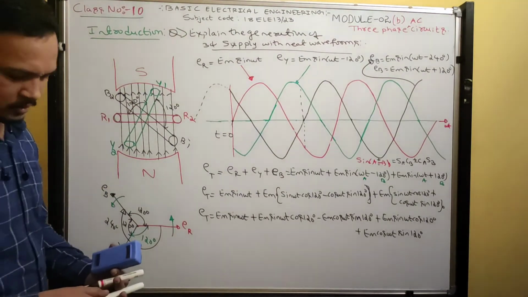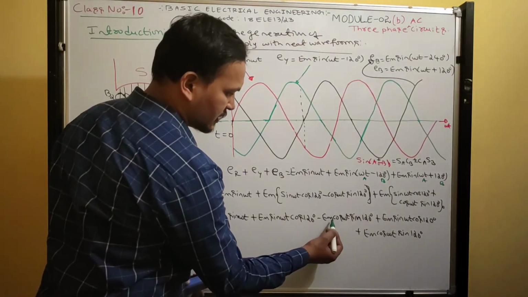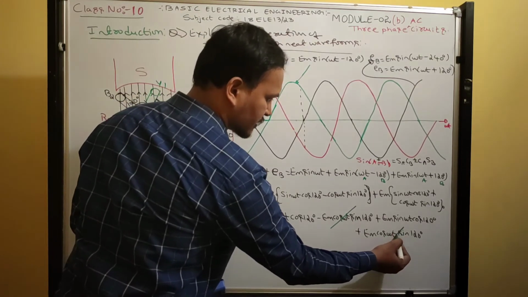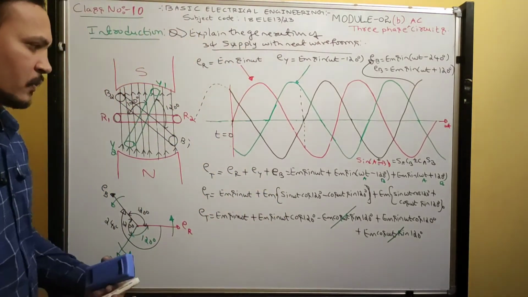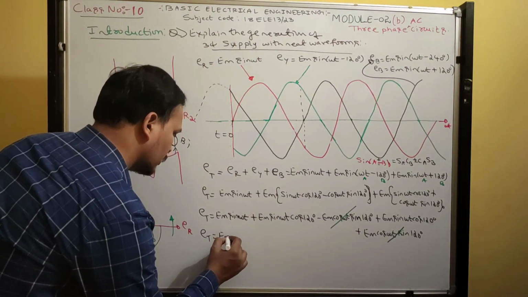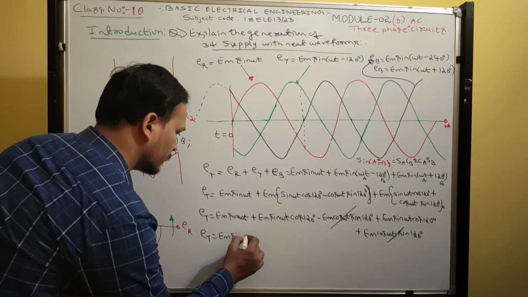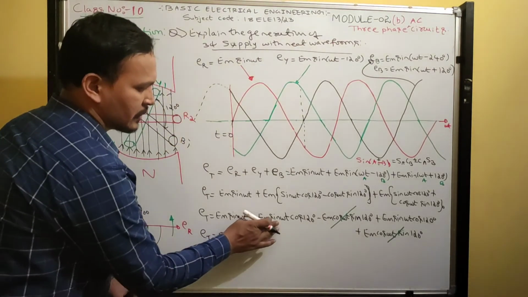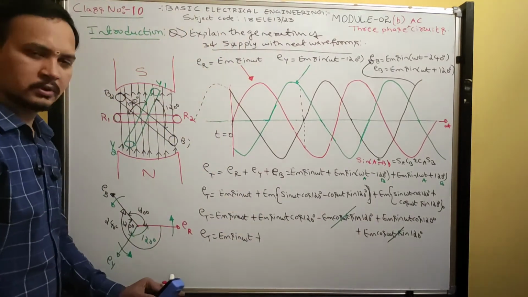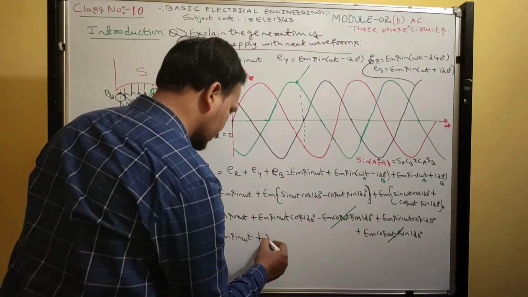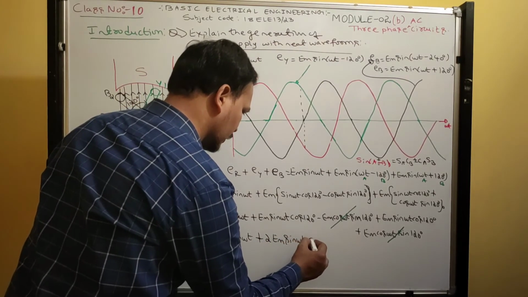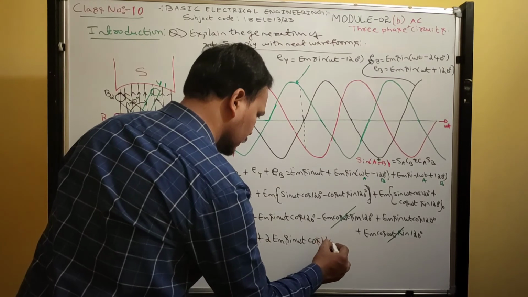Now which terms are equal and opposite? Minus EM cos omega t sin 120 plus EM cos omega t sin 120 cancel. Now what is left? ET is equal to EM sin omega t, plus this EM sin omega t cos 120 and another EM sin omega t cos 120, both are the same, so add them: 2 times EM sin omega t into cos 120.